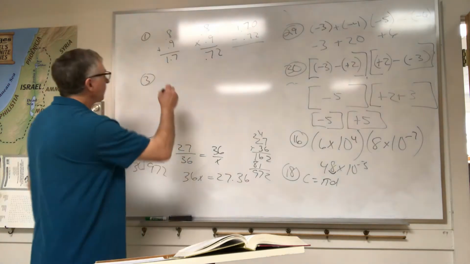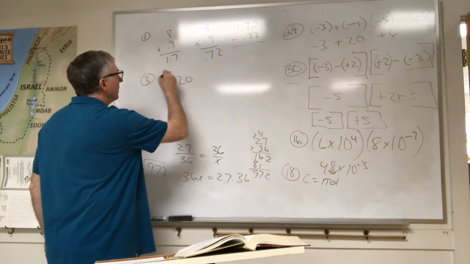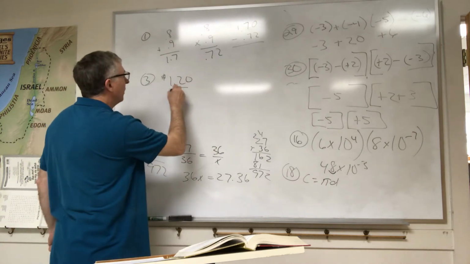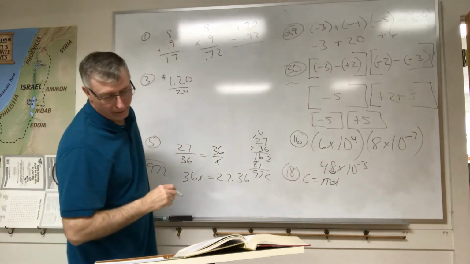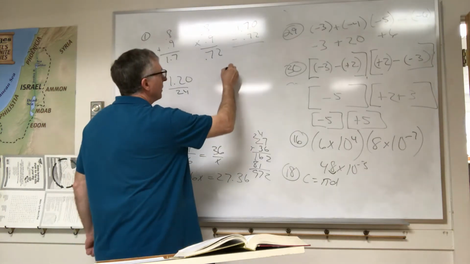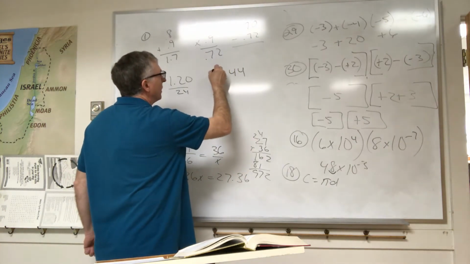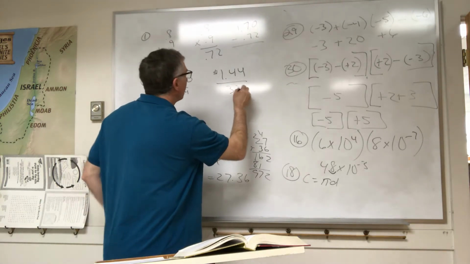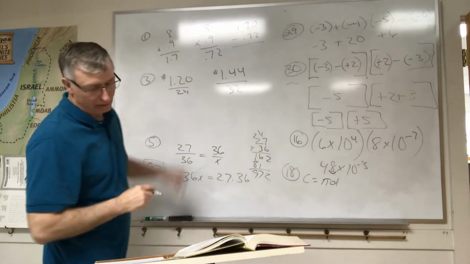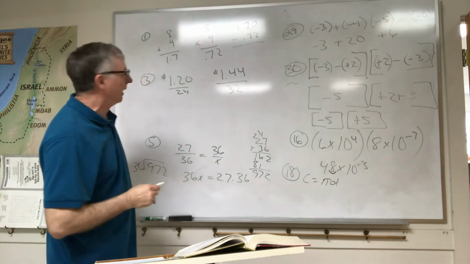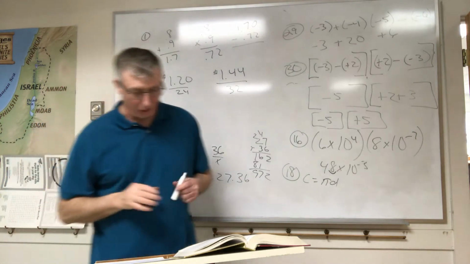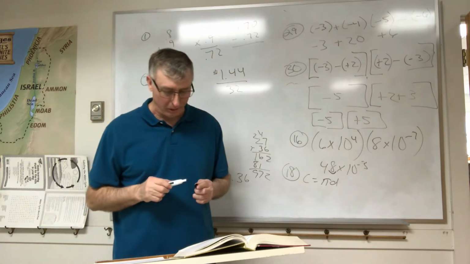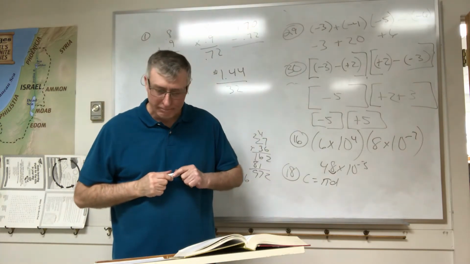Okay, so $1.20 divided by 24, and then $1.44 divided by 32, and then I subtract the 2, and watch your decimal point there. Make sure you label that right, because there's a couple different ways you could write that. Just make sure you write it correctly.